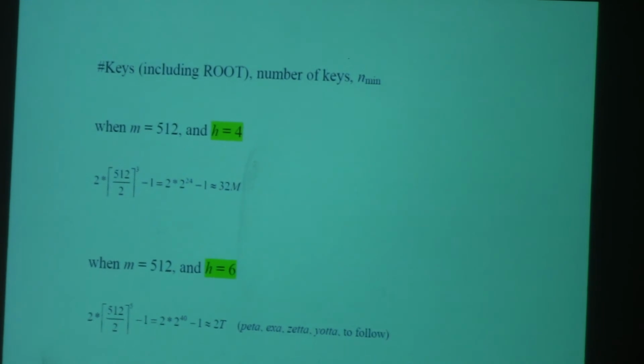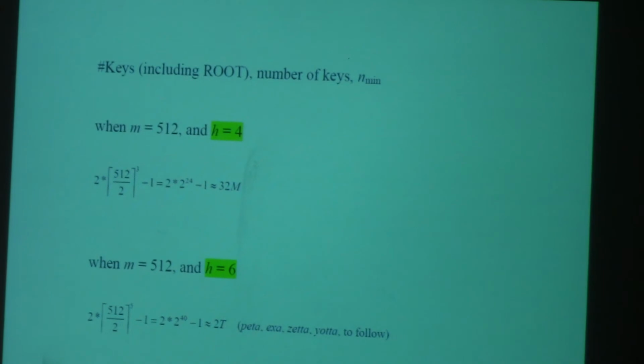So now, if we look at the number of keys in the same minimum tree, when height is equal to 4, the minimum number of keys is about 32 million. That's a little more impressive, 32 million for height 4. For height 6, we have 2 trillion keys. Two takeaways: that's a lot of keys.